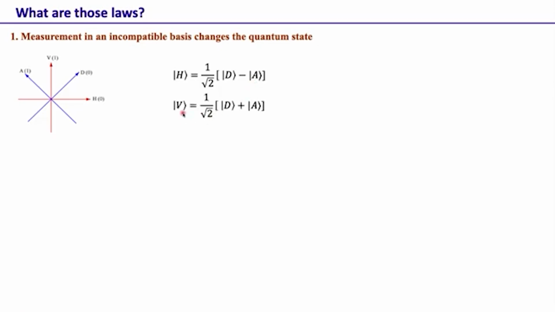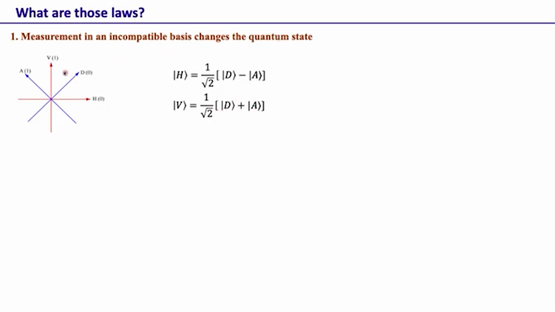Similarly, if it's actually a vertical polarization, and we are looking at it in the diagonal anti-diagonal basis, then we have 50% chance of seeing it as a diagonally polarized or anti-diagonally polarized photon. So this is what it means that a measurement in an incompatible basis changes the quantum state.